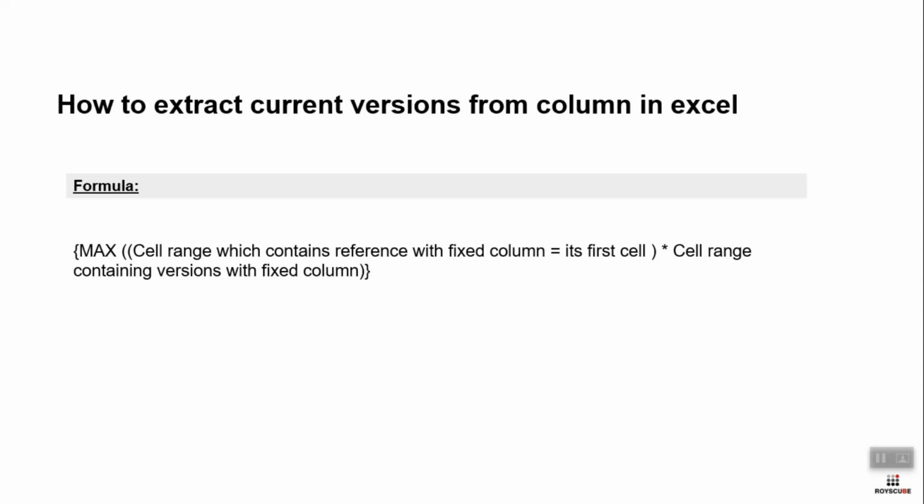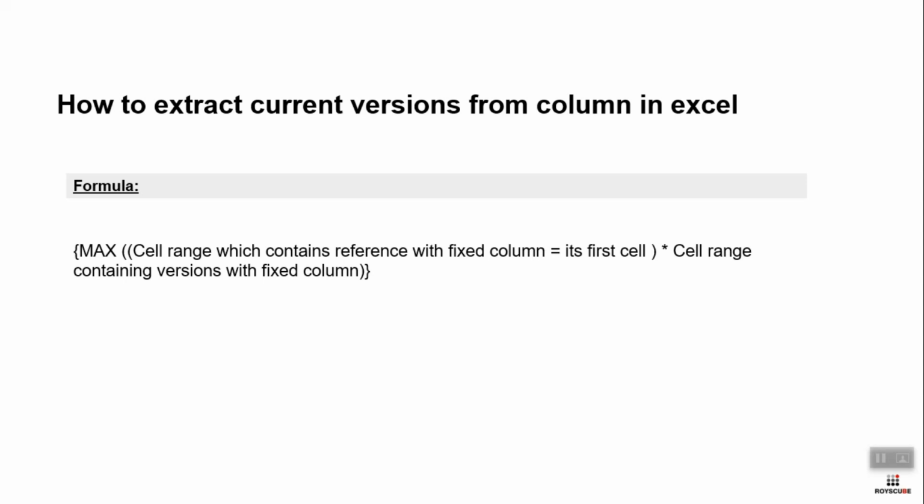We will be using a MAX formula, and over here you need to provide the cell range which contains the reference of the fixed column, and this needs to be equal to the first cell of that particular column.